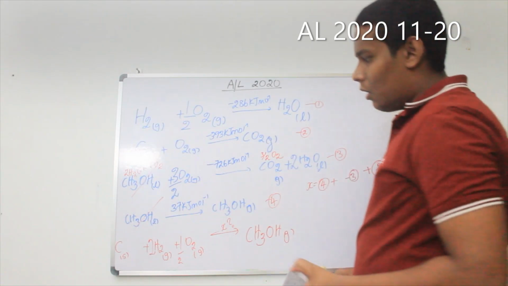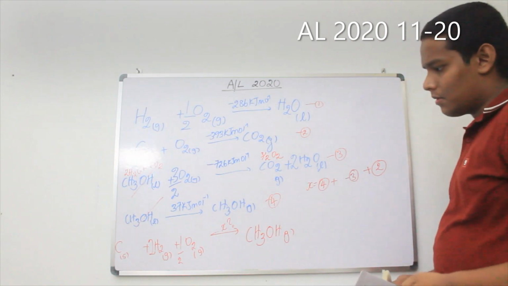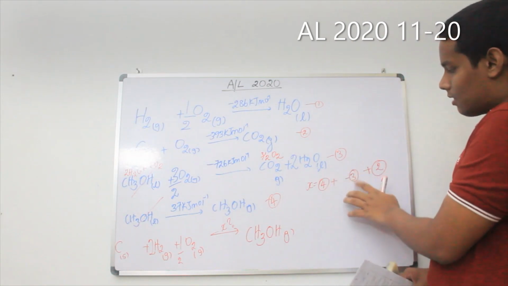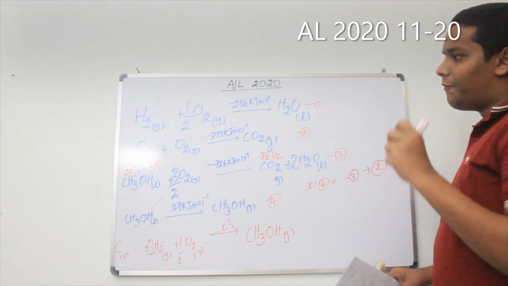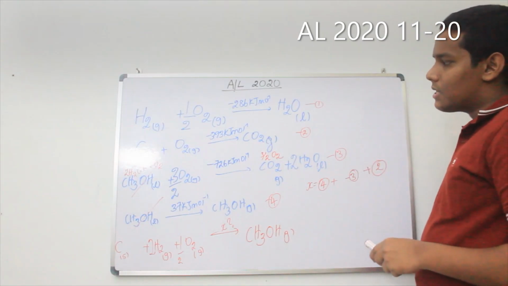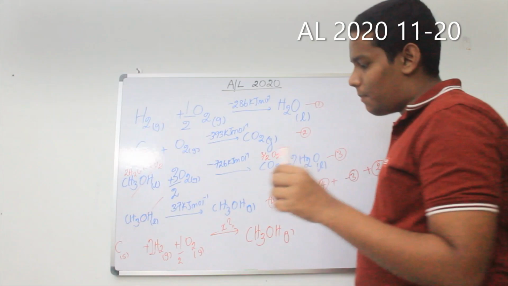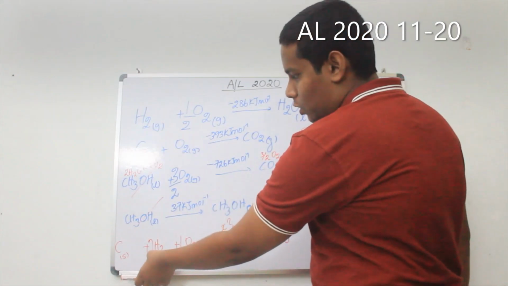Now look at the first equation. The fourth one is okay. The third one is okay. The second one is okay. Now I have to deal with the first equation. I multiply the first equation by 2 because I need 2H2 here.